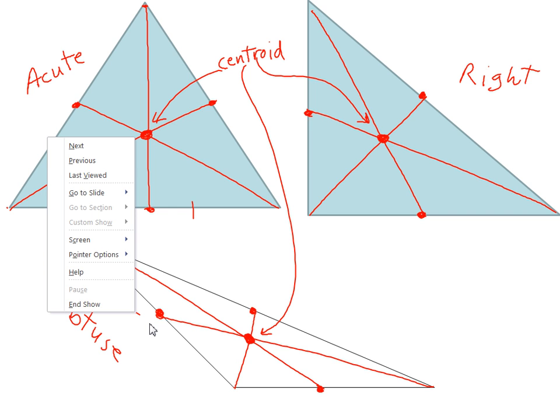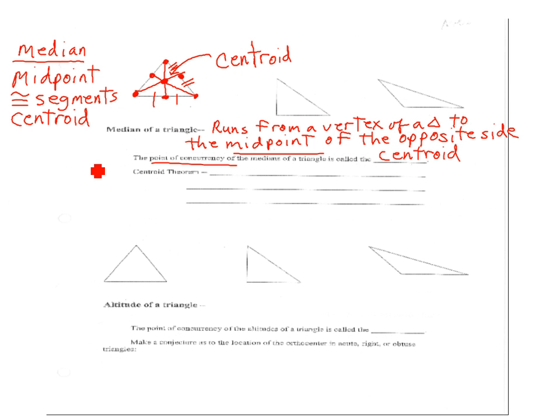Go back, we also have a centroid theorem. And that centroid theorem says the centroid of a triangle is located 2/3 of the distance from vertex to the midpoint of the opposite side, of the side opposite the vertex on a median.